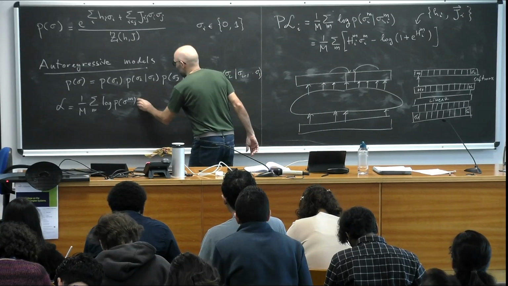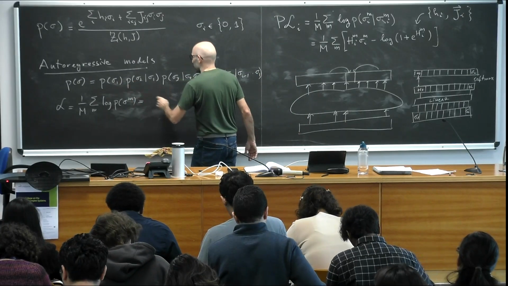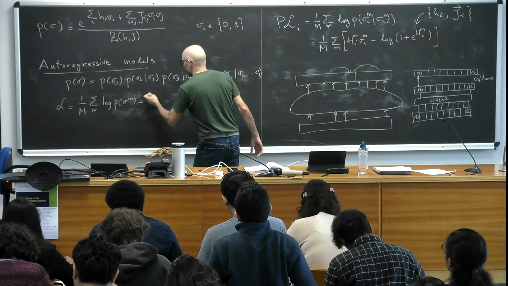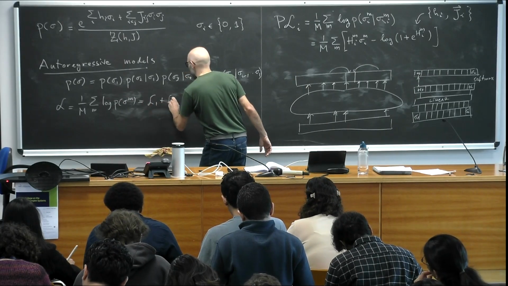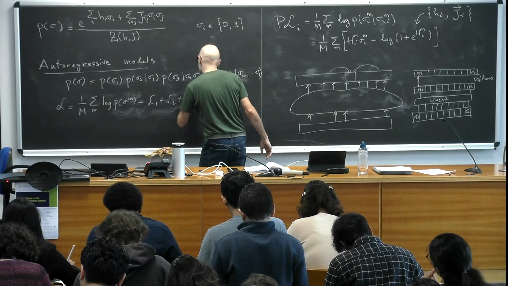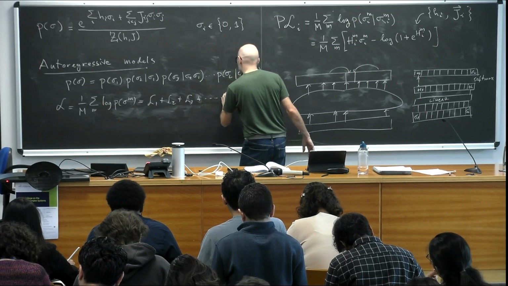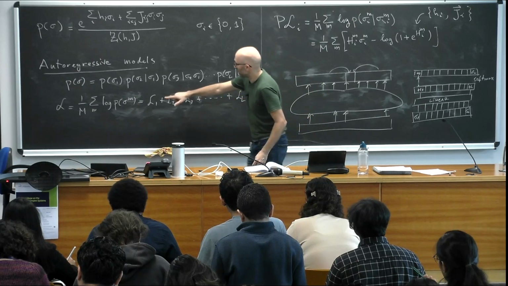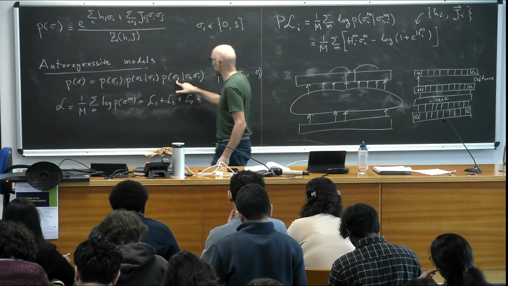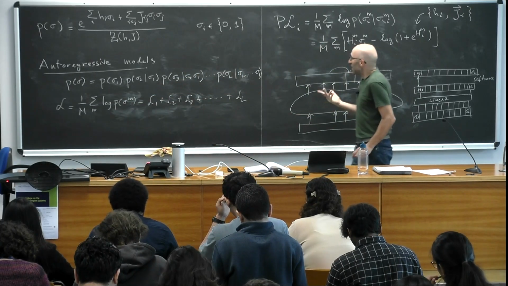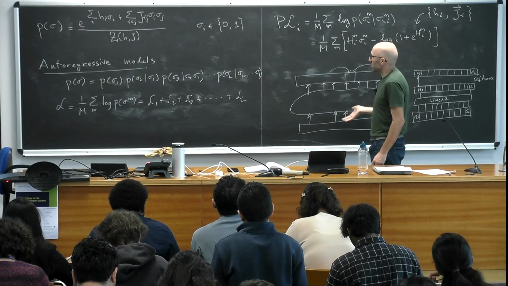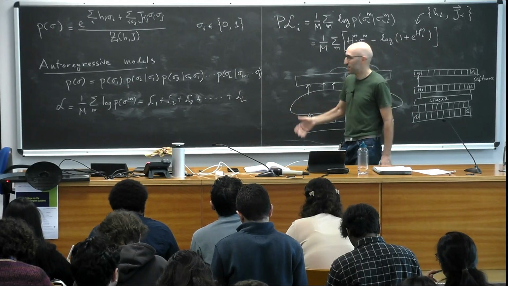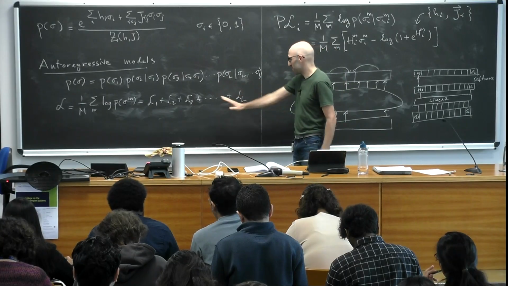And because this is a product, you get a sum of likelihoods, let's say L1 plus L2 plus L3 plus LL, where each likelihood is the average of the log of one of these terms. And now what you do is make a model for this and try to learn each term, okay?